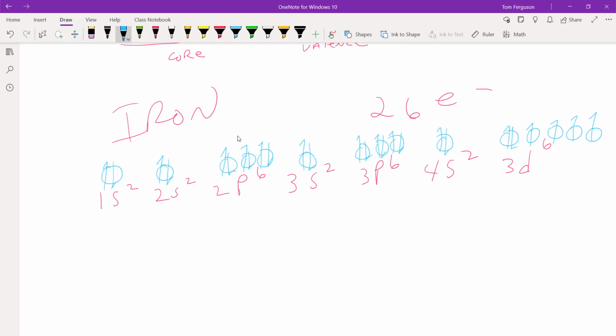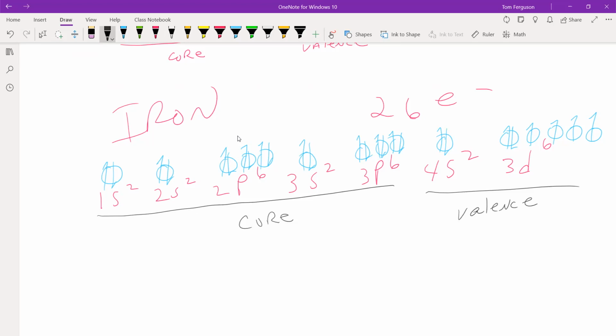So that's the orbital diagram. Okay, so that's iron.